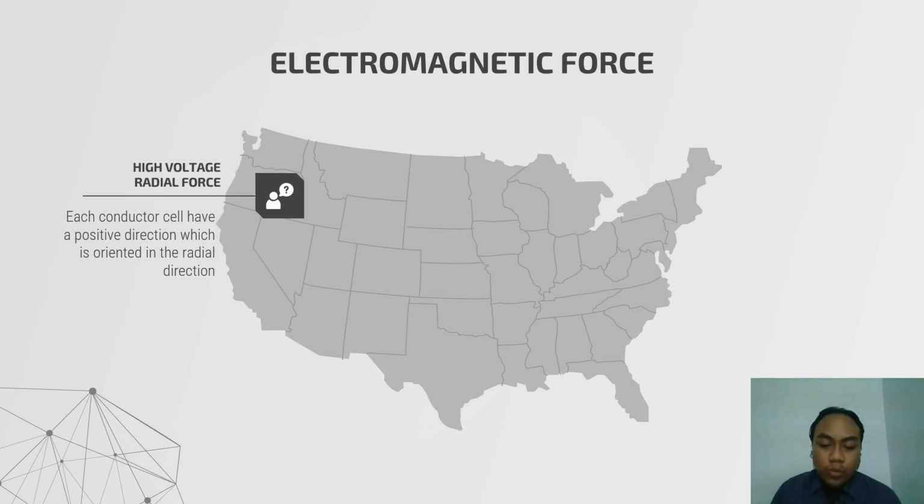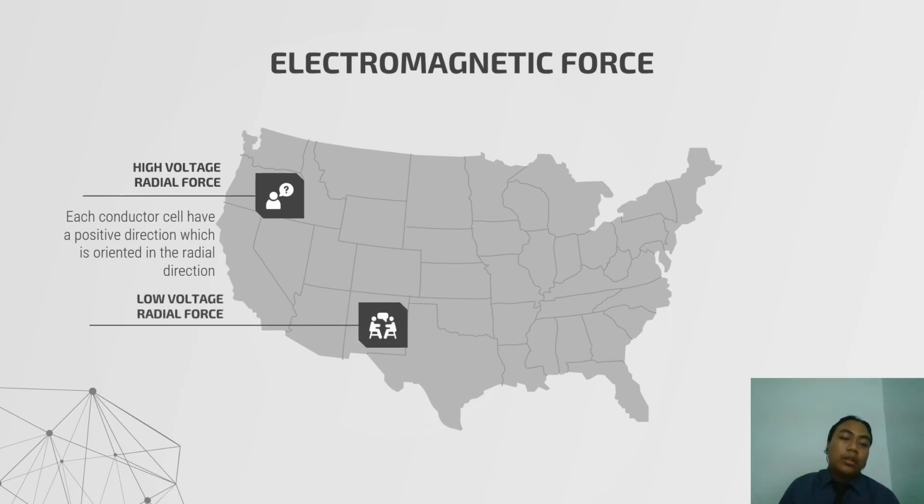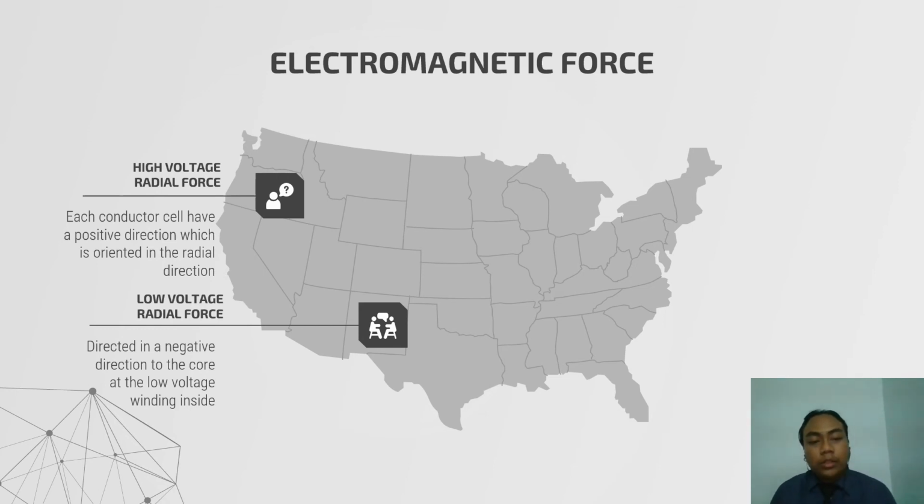That means the external winding forces are exerted in the direction of tension. As for the low voltage radial force, it is directed in the negative direction toward the core at the low voltage winding side.